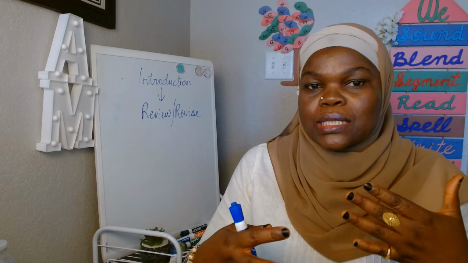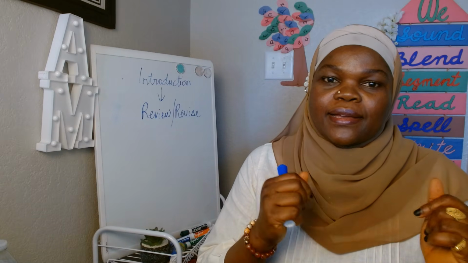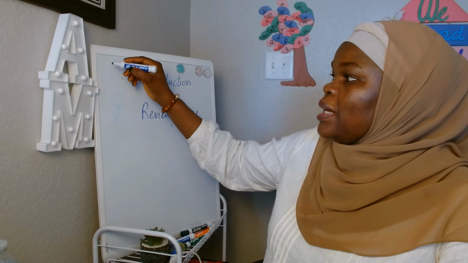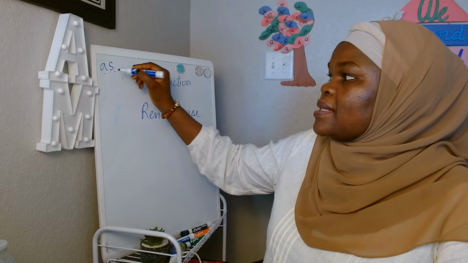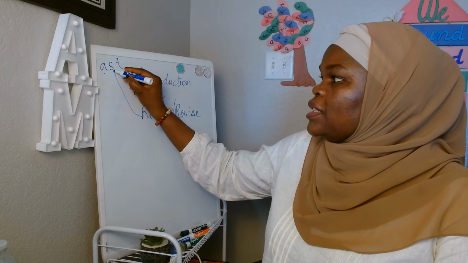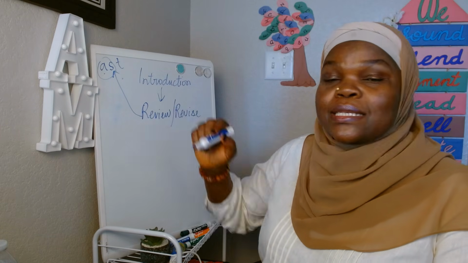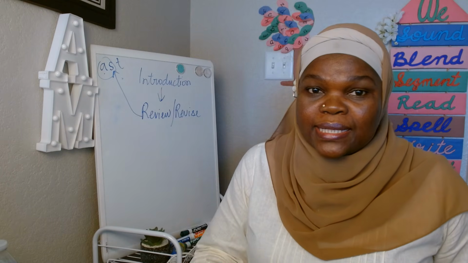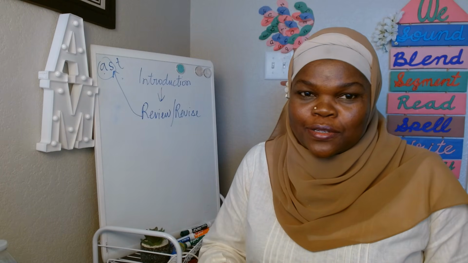Now let's practice oral blending A, S, because during the previous class they already learned A and S, but today they are learning T. So at the review stage, you have to practice the A and S with them. You have to make them revise it. So that is the second stage.